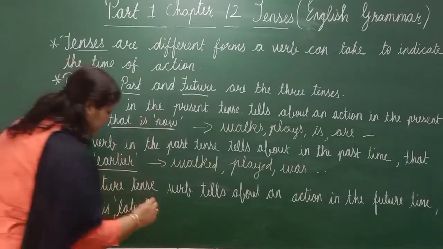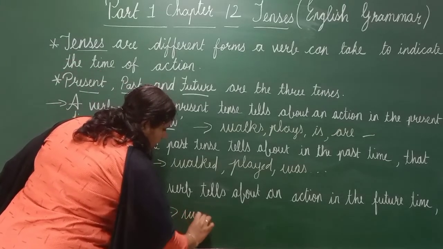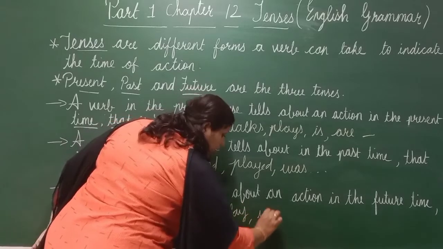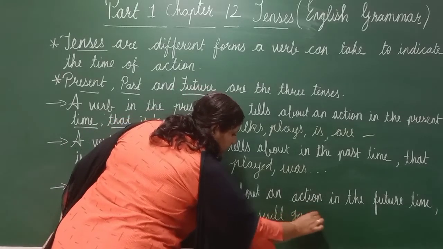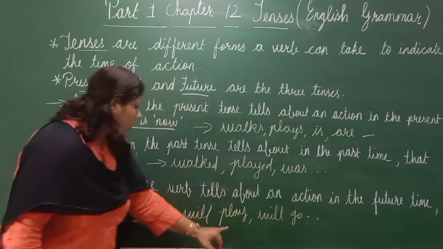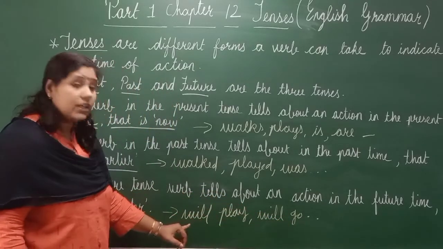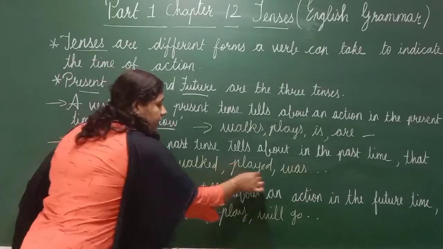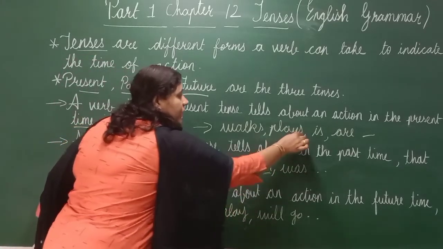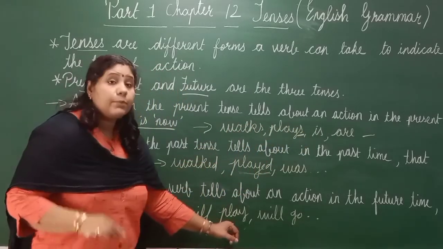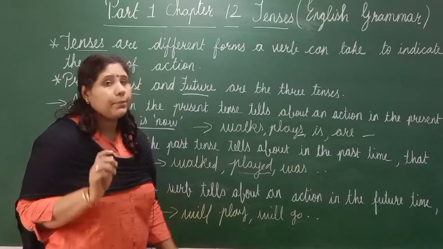For example, will play, will go, isn't it? So we are adding will with the main verb. Understood? We are not making any changes in the verb. Like here, we have written ed. Here we have written s. But here we are just adding will with the base form of the main verb.